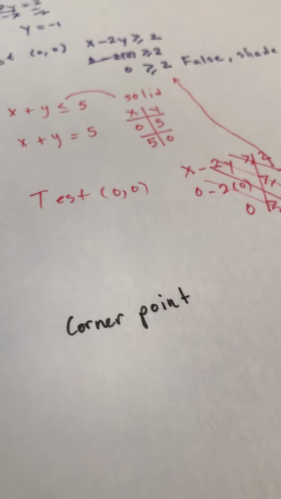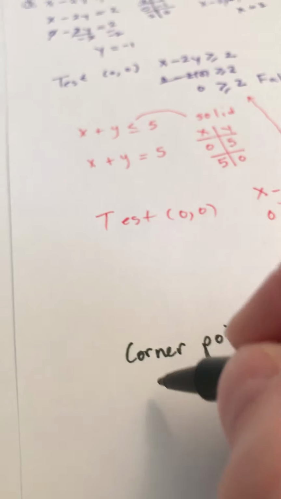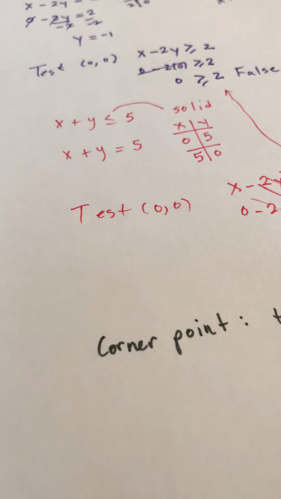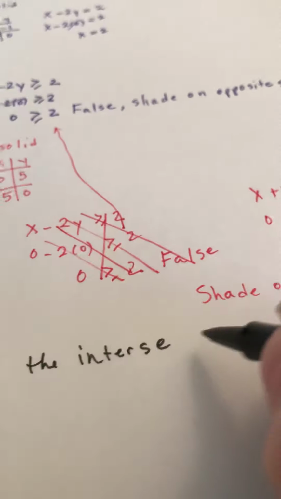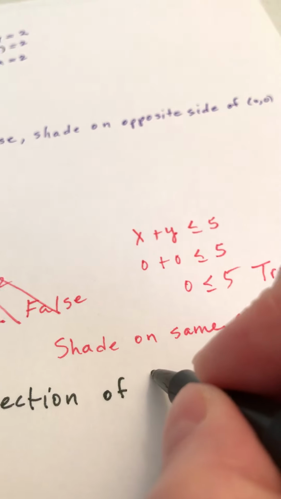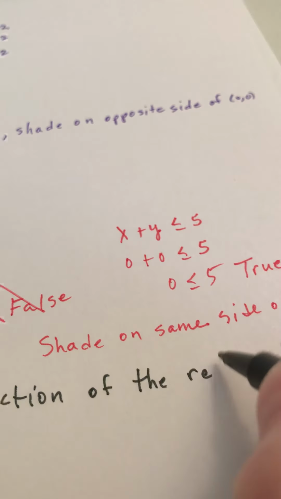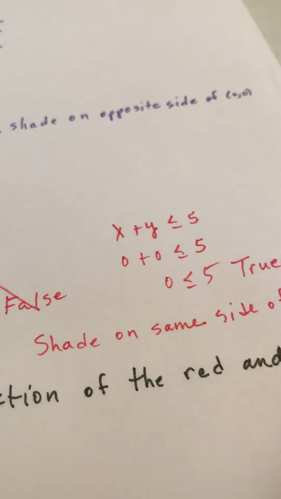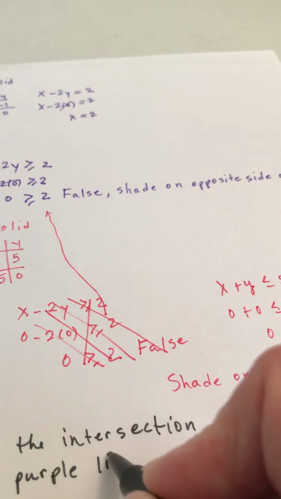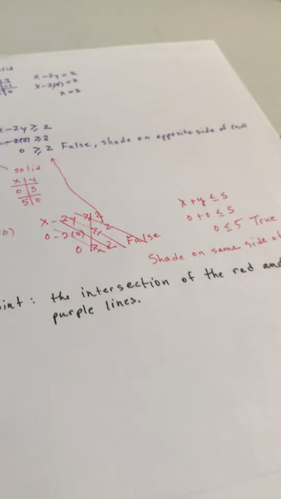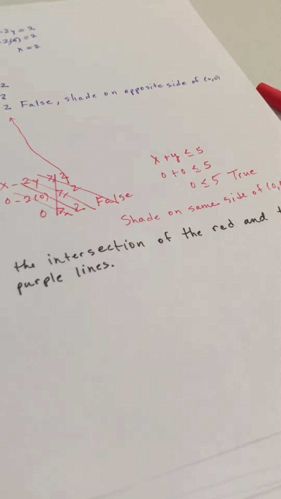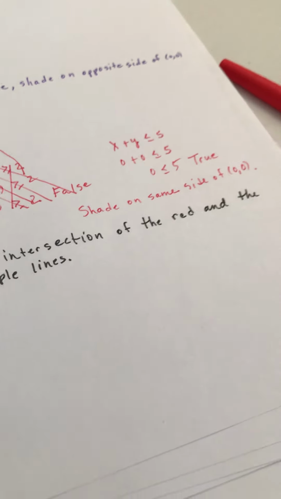And that corner point, remember, is the intersection of the 2 lines. Let me back up. The corner point is the intersection of the red and the purple lines.